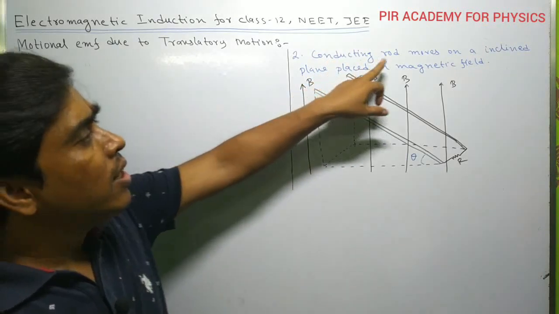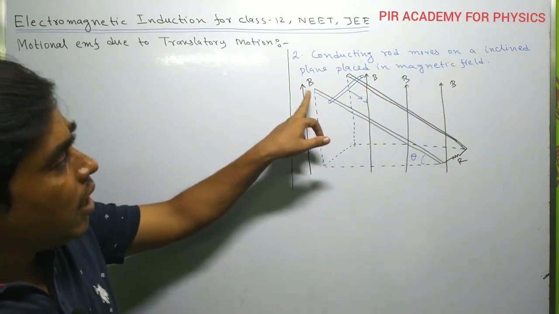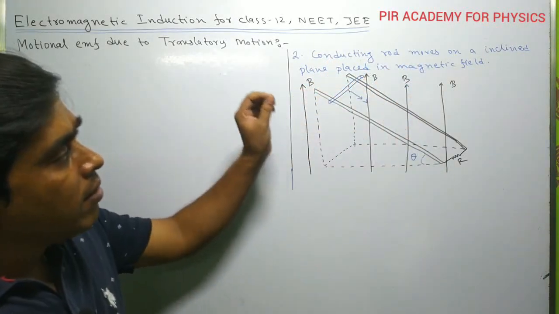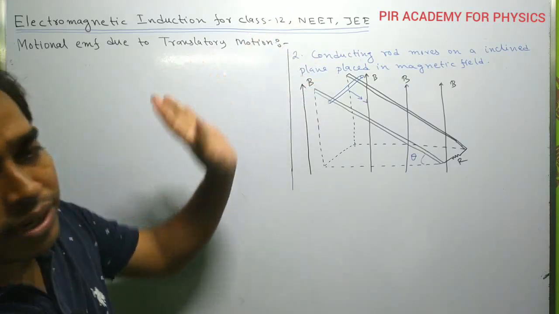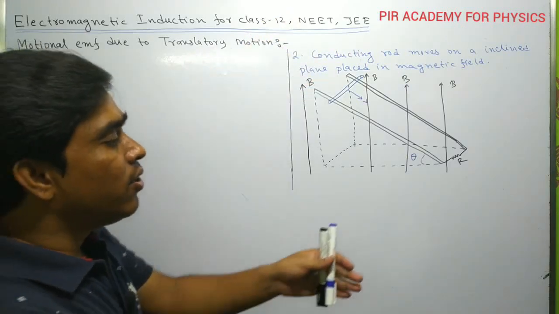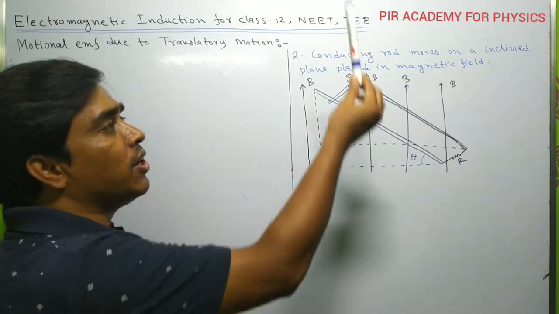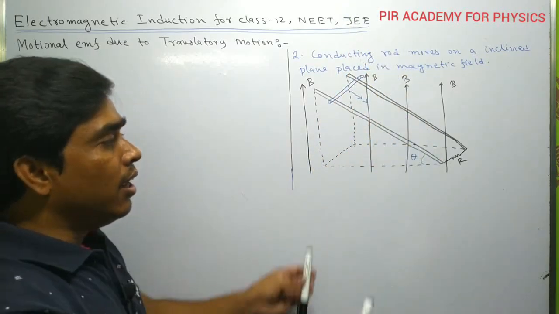Now, the conducting rod moves on an inclined plane placed in a magnetic field. Here the direction of the magnetic field is along this direction.